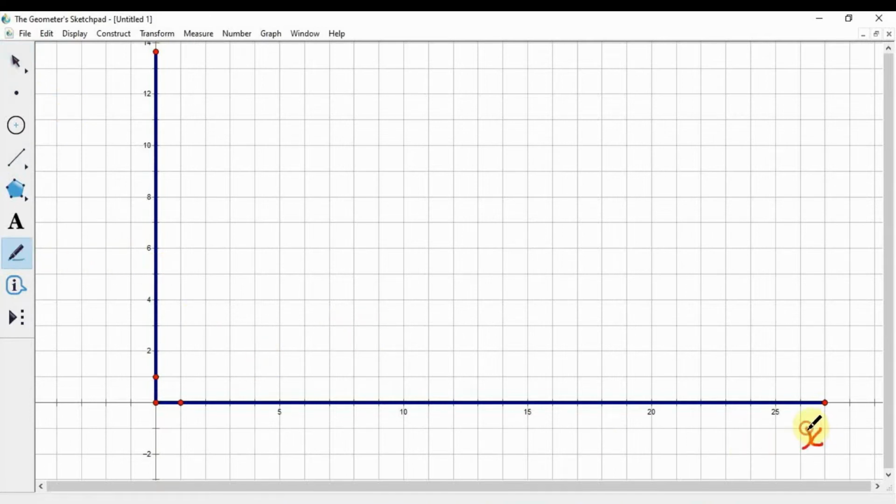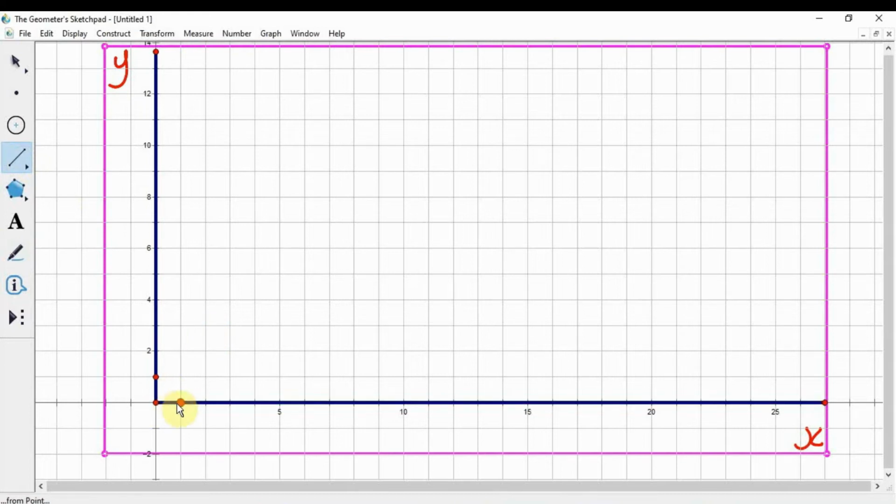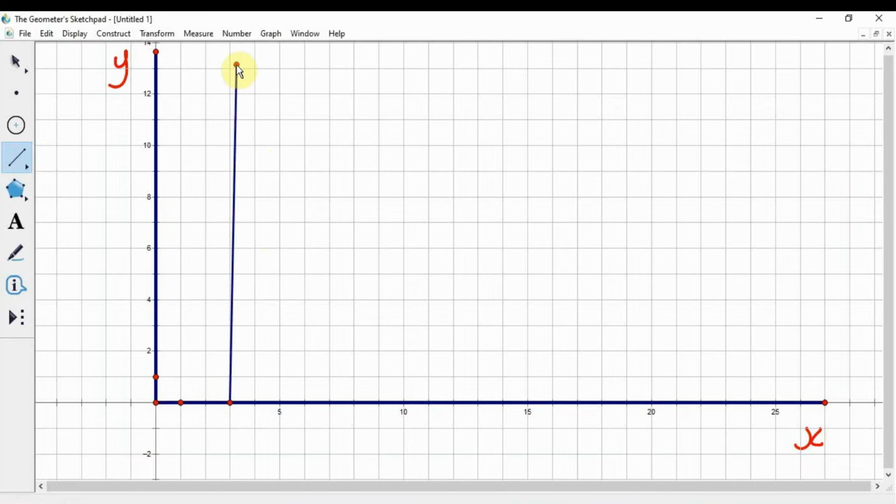Now remember, the first line we're drawing is the line x equals 3. So 1, 2, 3. This is the line x equals 3. We're going to label it. This is the line x equals 3.